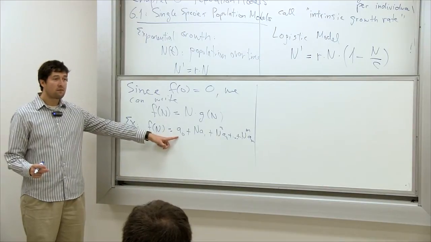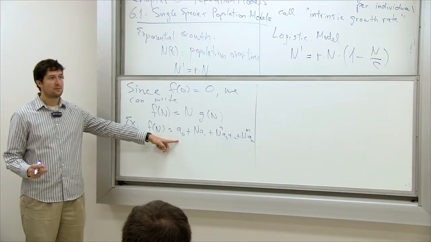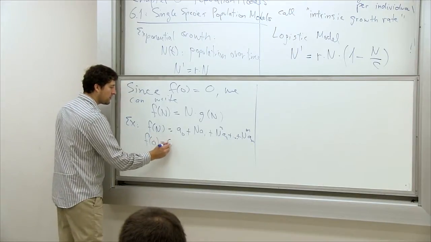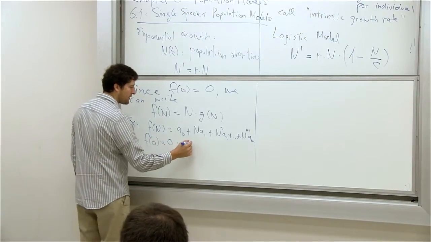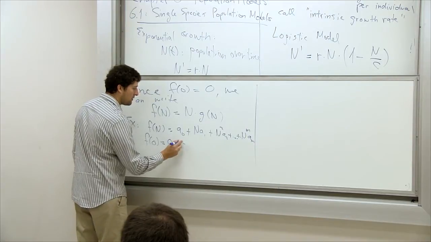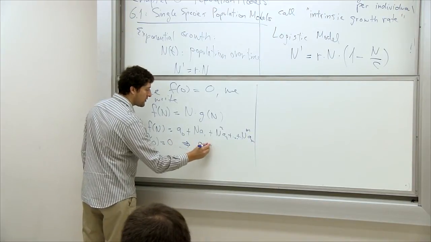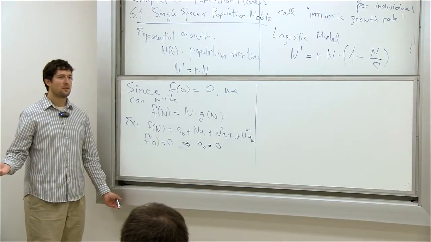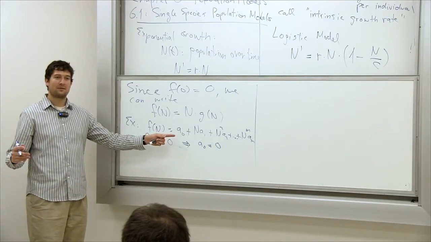Well, but remember, f of 0 is equal to 0, right? Since f of 0 is equal to 0, that means that a0 is equal to 0. Right? So we can factor out an n.